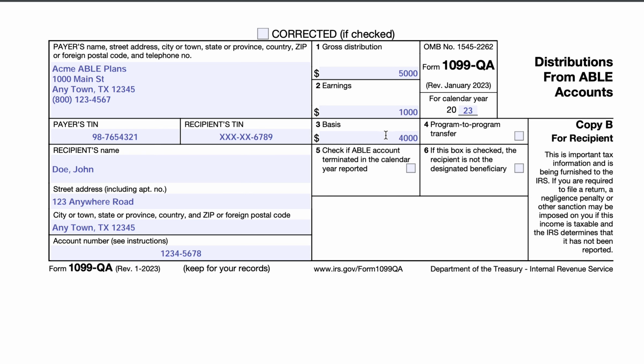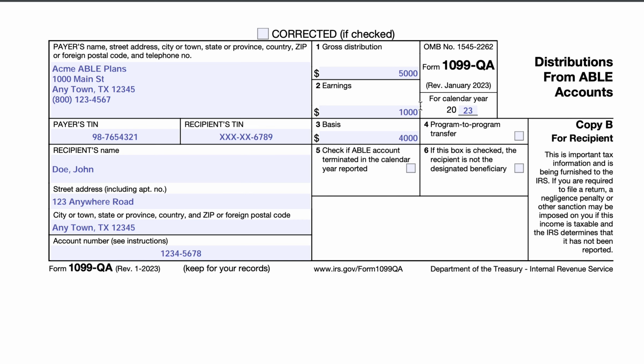And this is important because, generally speaking, any tax impact would be based on any amount of the earnings. So if 100% of your gross distribution is covered by the amount of your qualified expenses, then you'll have zero taxable income.